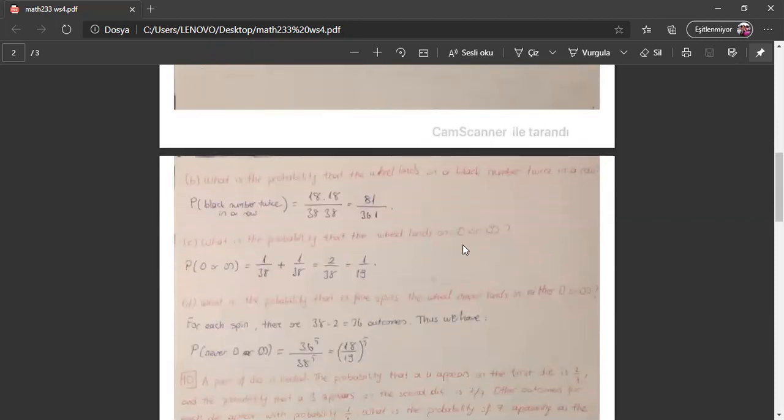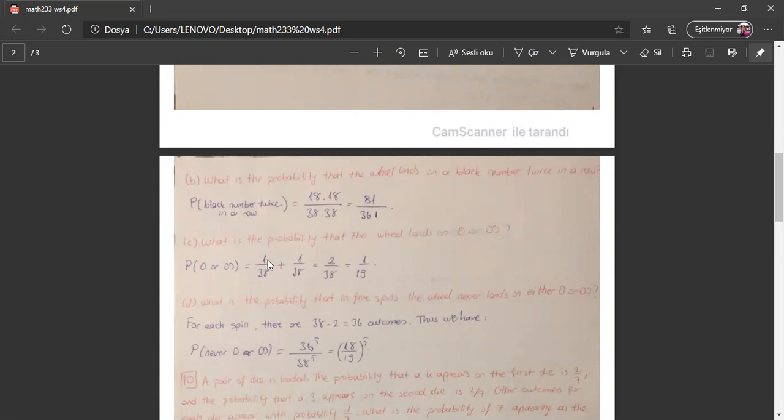For this, we want either 0 or this 00, so we separate it by or here. Actually we have one outcome, but we're okay with these two, so we can see them as separate events.